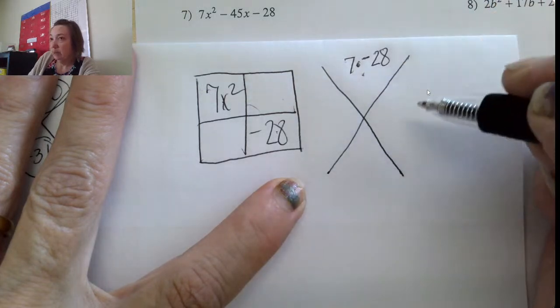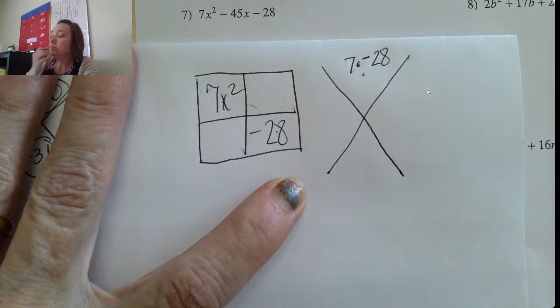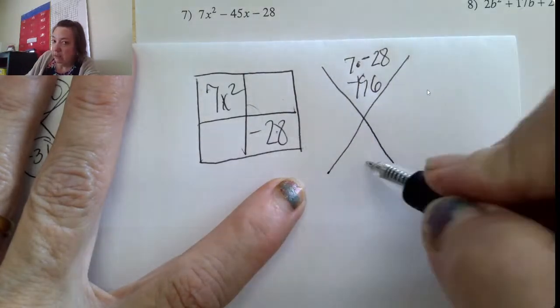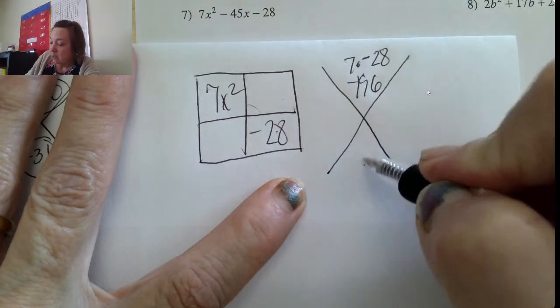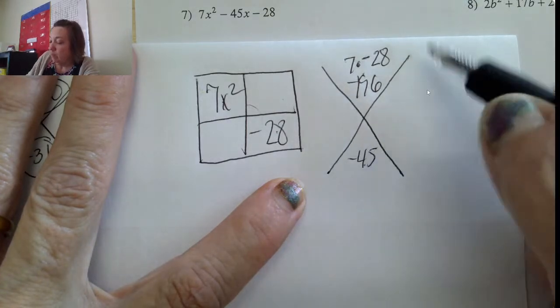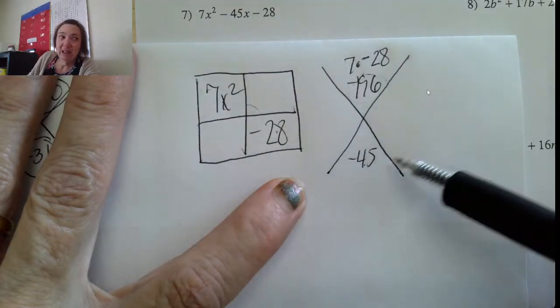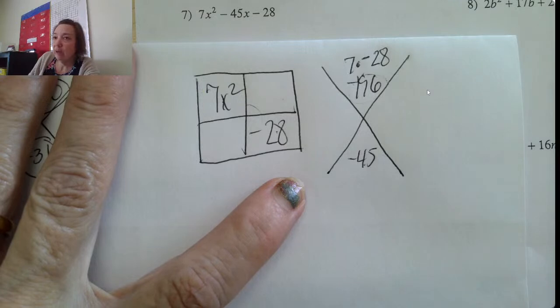Okay, what is that number? Negative 196. And then what goes down here? So we're looking for numbers that multiply to get negative 196, but add to get negative 45.